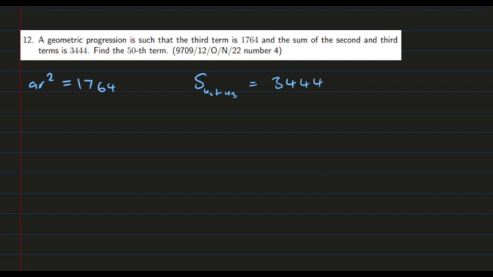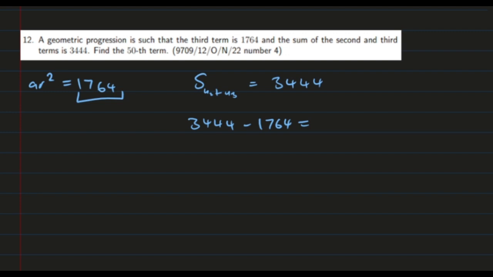What we can do is find the second term, since we know that our third term is 1764, and the sum of the third term plus the second term is 3444. So 3444 minus 1764 should give us the second term.